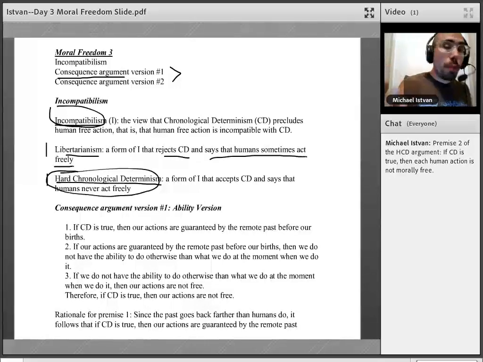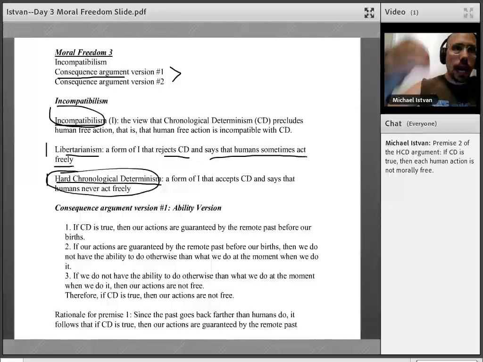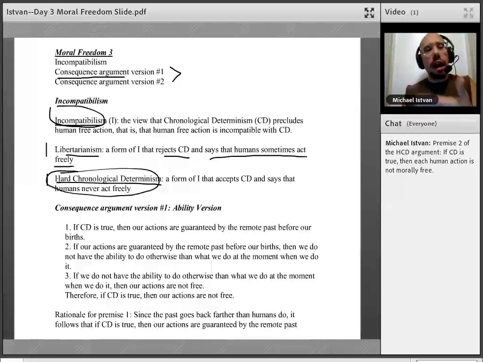Now, since the remote past, uncontroversially, is not up to us, we don't have any say over the past before we were born. If CD is true, then our actions, which would be guaranteed by that remote past, are not up to us, and so are not free in the sense required for moral responsibility. In other words, they're not morally free. Because remember, moral freedom is the sort of freedom required for moral responsibility.